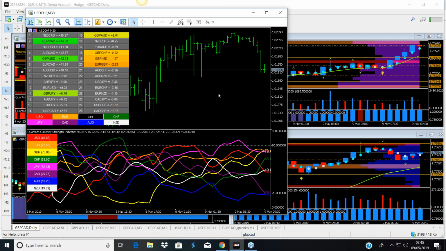Make sure you look at the correlation between the pairs, because you don't want to end up trading what we call a little basket of pairs, and you're actually hedging yourself. A perfect example of that is the euro dollar and the dollar Swiss. Correlations come and go, but it's a general rule of thumb, as it were.